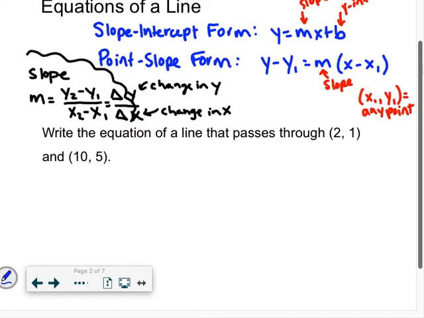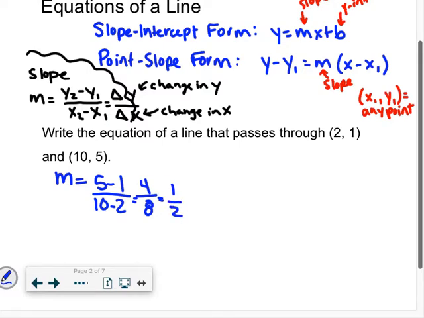So let's calculate slope. m equals, if we follow Abby's formula where we do y2 minus y1, we would do something like 5 minus 1 all over 10 minus 2. So we get 4 over 8, which is 1/2. Okay.